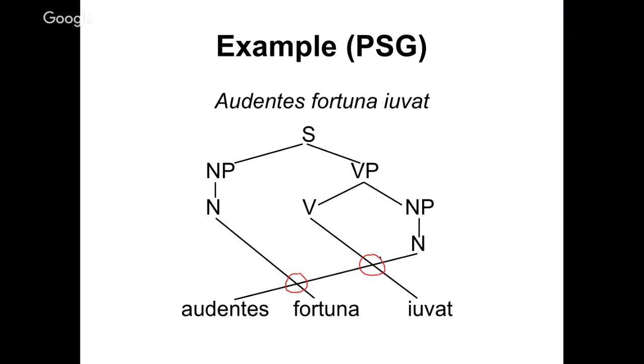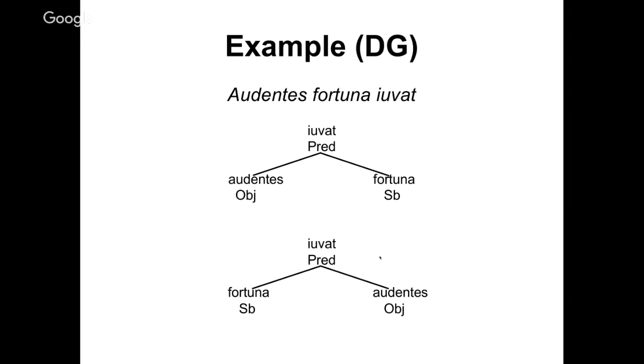So, what about the dependency grammar tree for audentes, fortuna, iuvat? It's very simple. You have three words, audentes, fortuna, and iuvat, and so you have three nodes, 1, 2, and 3. As I said, the word order in principle is not marked, so in principle these two trees are completely the same because the word order is not marked.